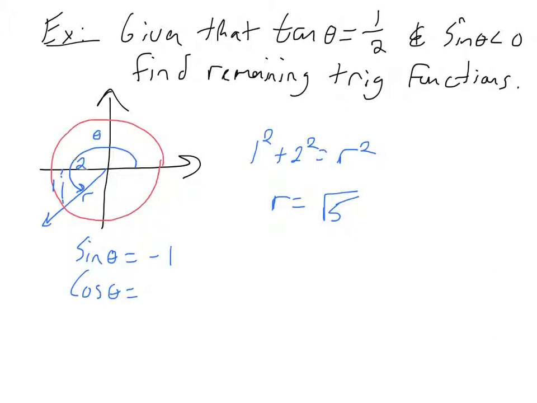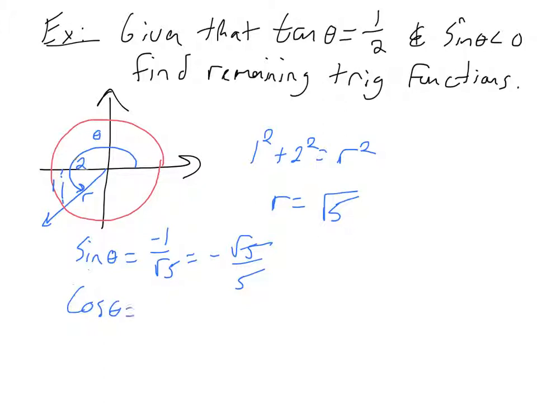Oh, I'm sorry, I'm not using the right definitions here. Because r is not 1, we can't use the unit circle definition, so we have to use the other definition. So it's going to be y, sine is, remember, y over r, cosine is x over r, and so forth. So sine is going to be -1 over square root of 5, the radius, which if we rationalize the denominator is negative square root of 5 over 5.